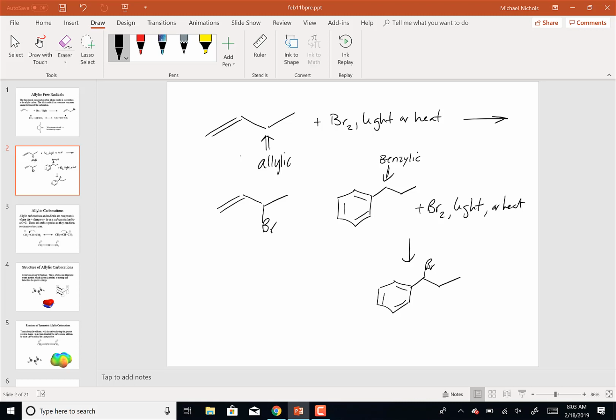Now, this for benzylic is true, because bromine will not react with an aromatic ring. But is this reaction right here, is that reaction true?